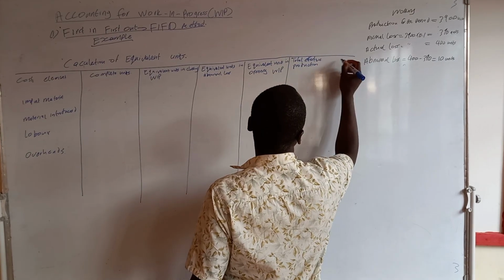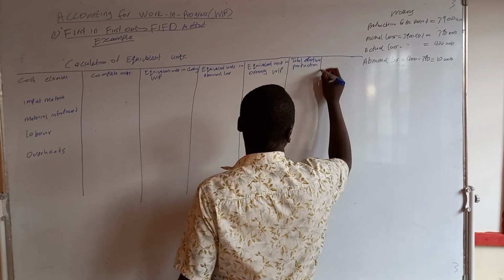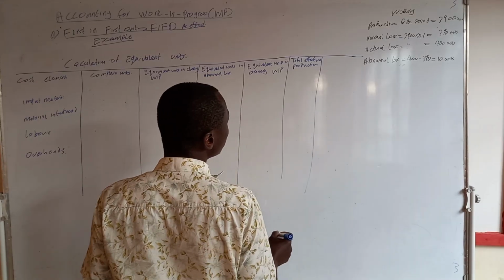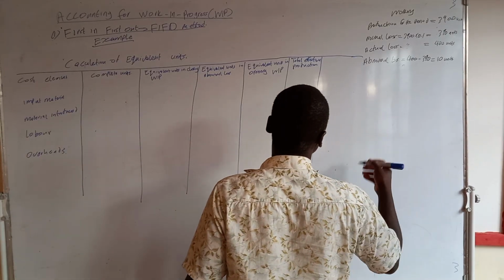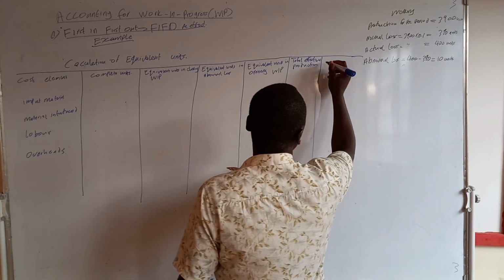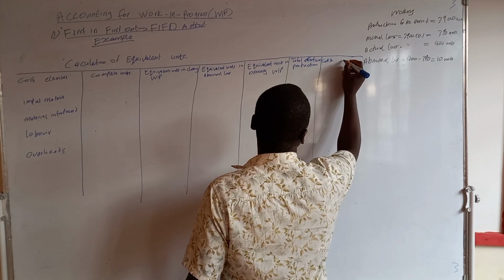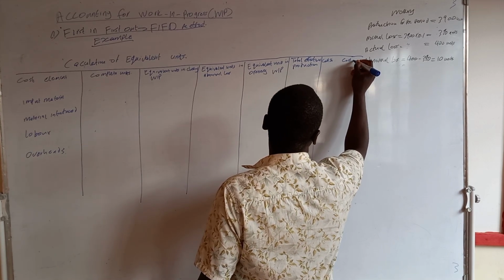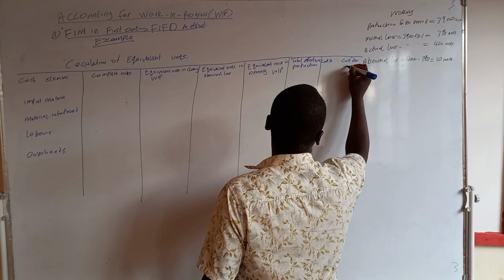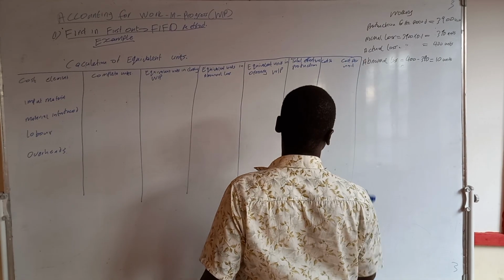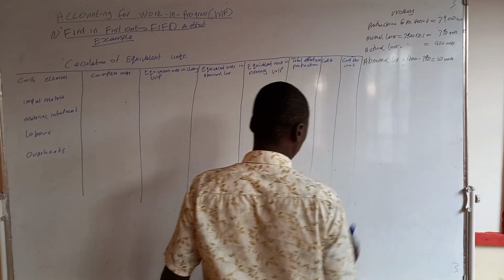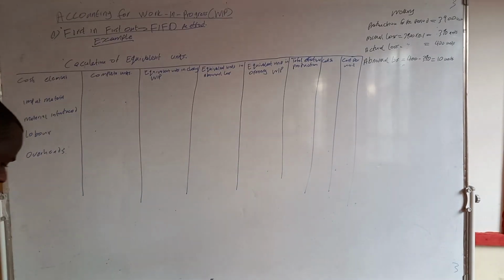This is what we believe at the end of our period, the total product that we believe we produced. So here we have cost in shillings, then cost per unit.